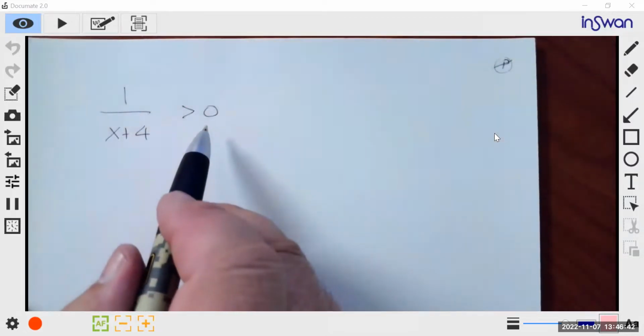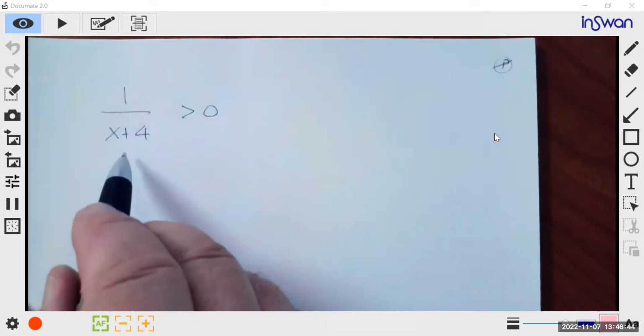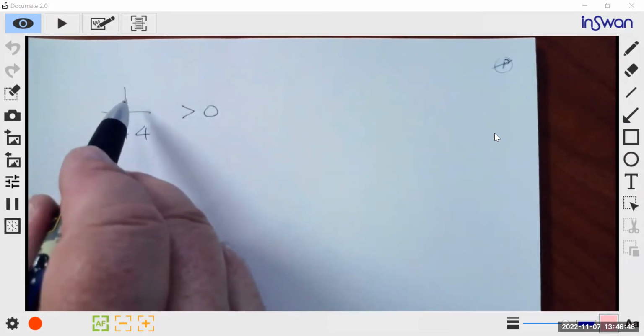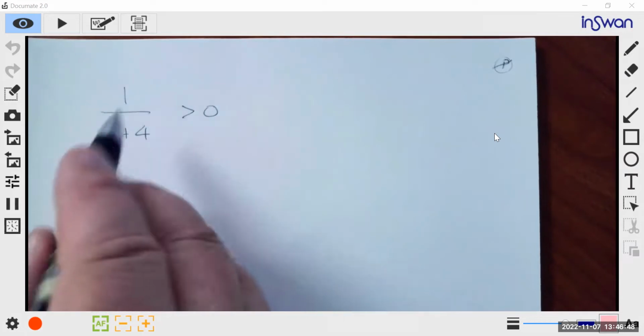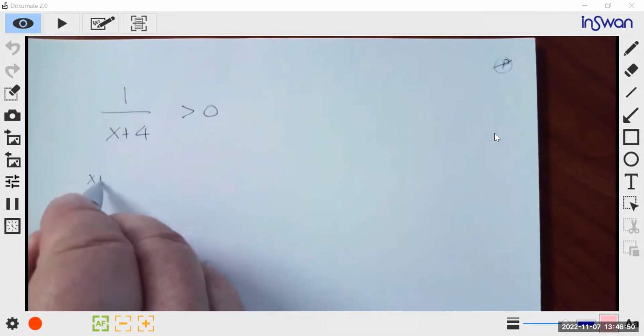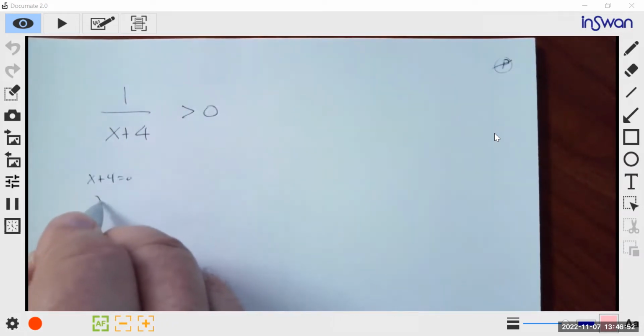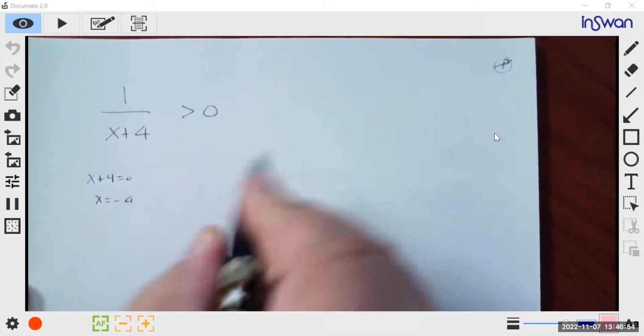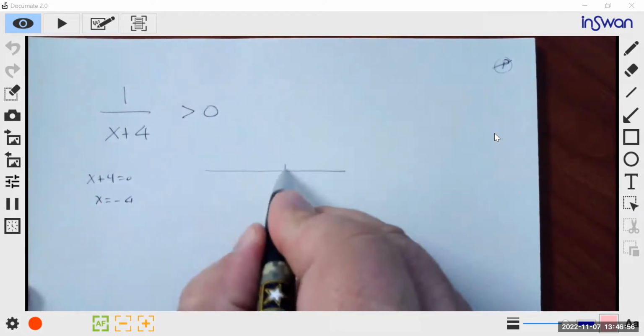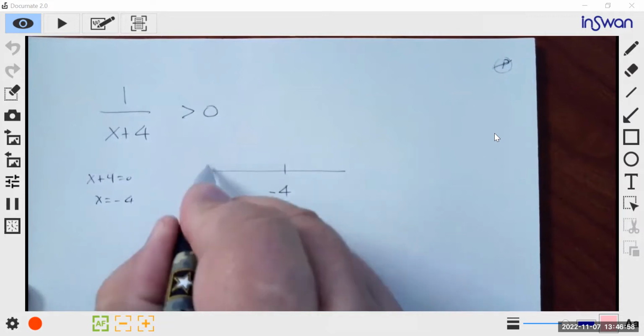Now we set the top and bottom equal to 0. The top you can't set equal to 0, so all I have to do is set the bottom equal to 0. So we only have one critical value, and that is -4.